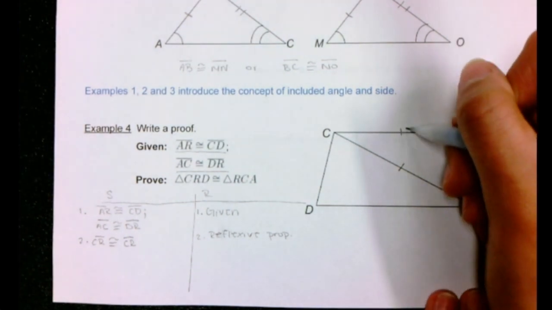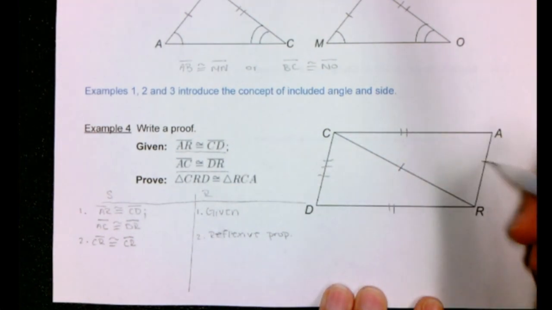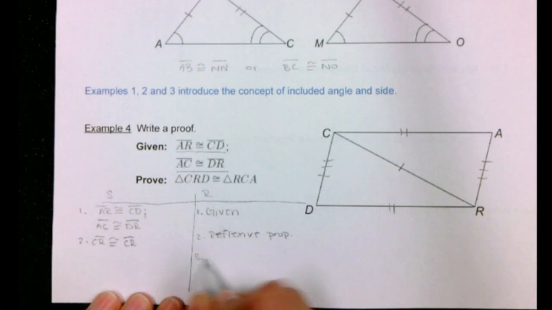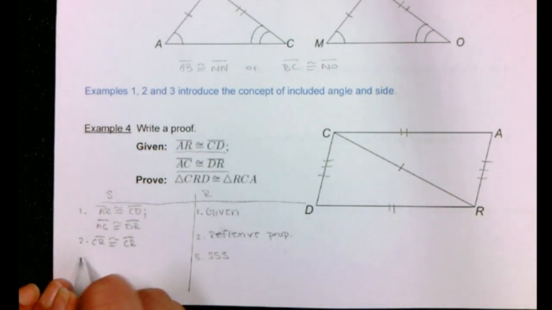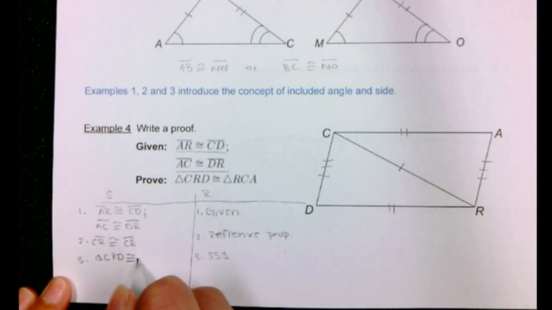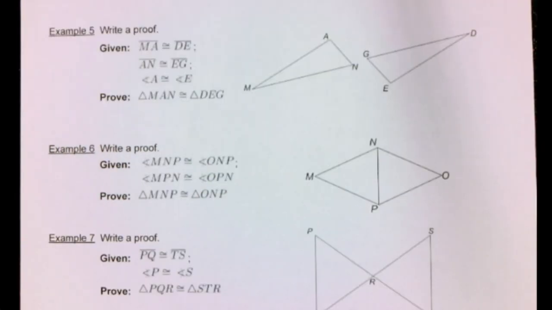Now we know that every side of these triangles is congruent, so we can use the SSS congruence theorem to prove that triangles CRD and RCA are congruent.